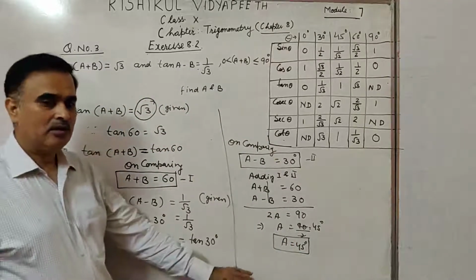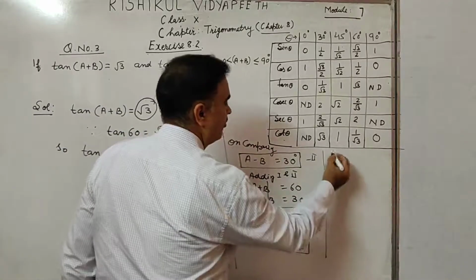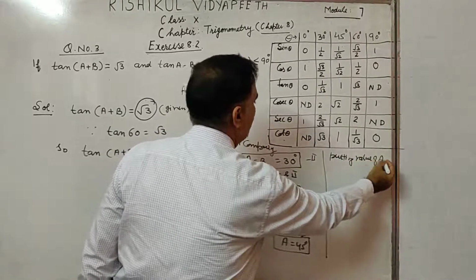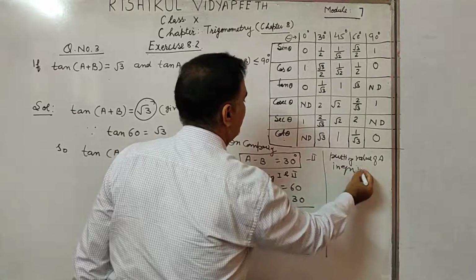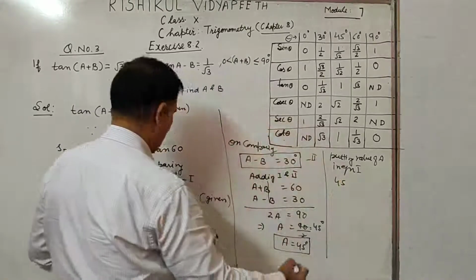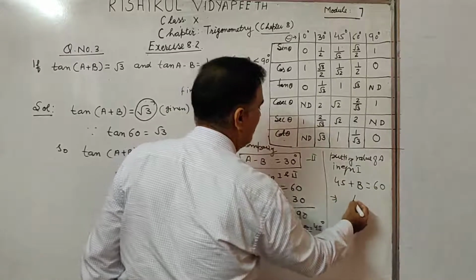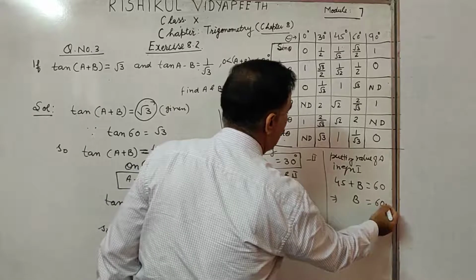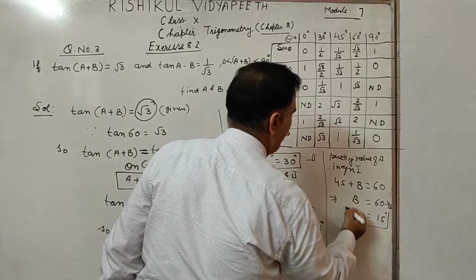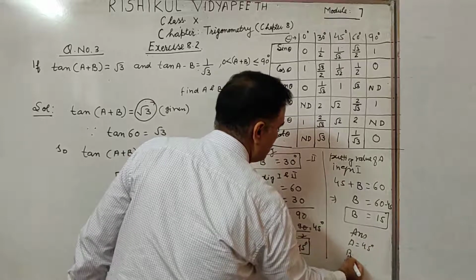You will put the value of a in equation first. In place of a, you write 45 plus b equal to 60. And so b equal to 60 minus 45, and b equal to 15 degrees. So the answer we got is a equal to 45 degrees and b equal to 15 degrees.